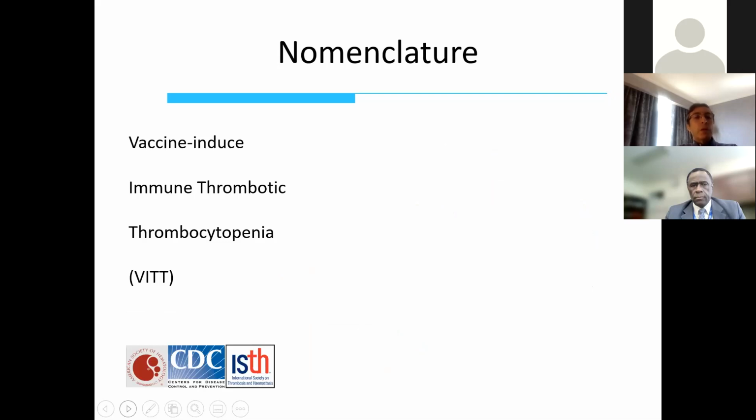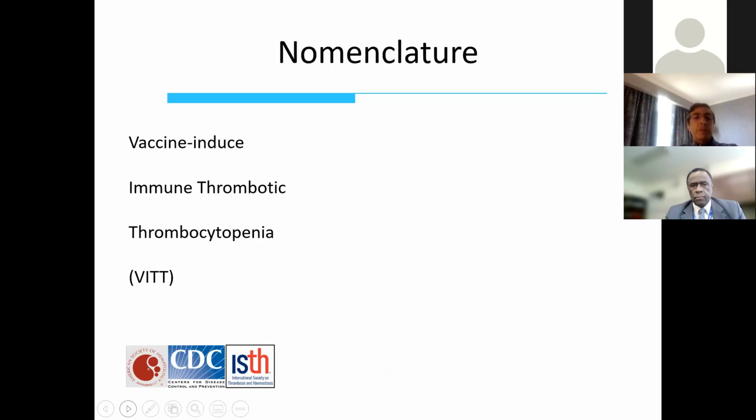Now, throughout the globe, this condition, that is thrombotic events following the two adenoviral vector vaccines with subsequent complication of thrombosis and thrombocytopenia, has received different nomenclature endorsed by different national and international bodies.